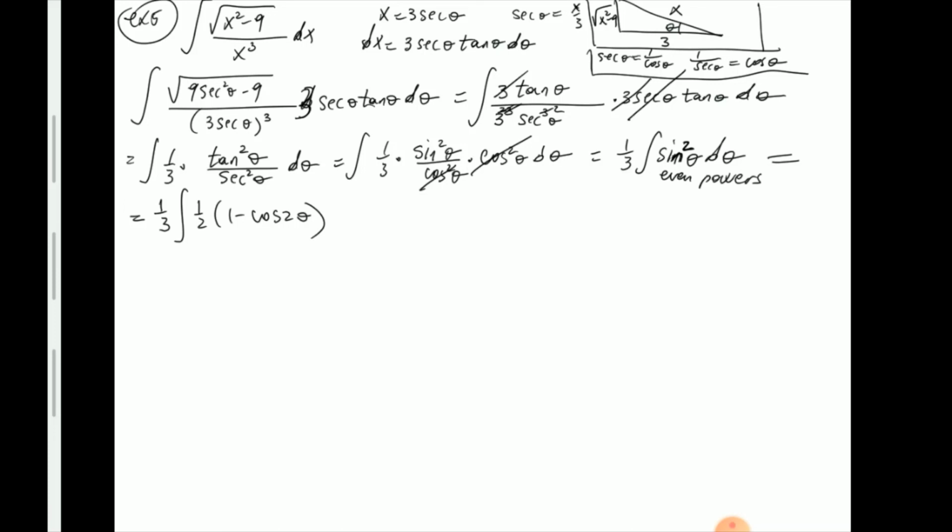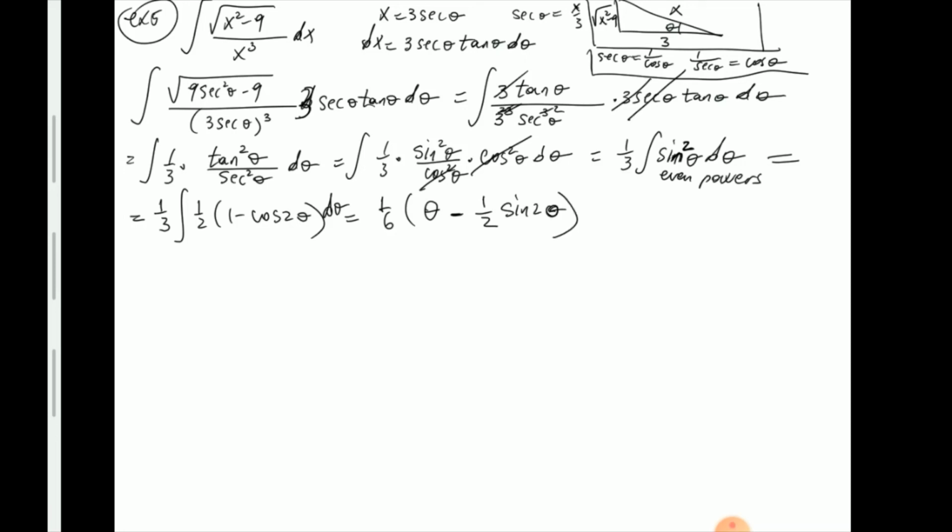And now, let's see, we can pull out 1 over 6 and integrate. So the integral of 1 is theta, because theta is your variable, right? So that's d theta. And the integral of cosine of 2 theta, it's a u substitution for 2 theta, which you could do in your mind, hopefully. So that's minus 1/2 sine of 2 theta.